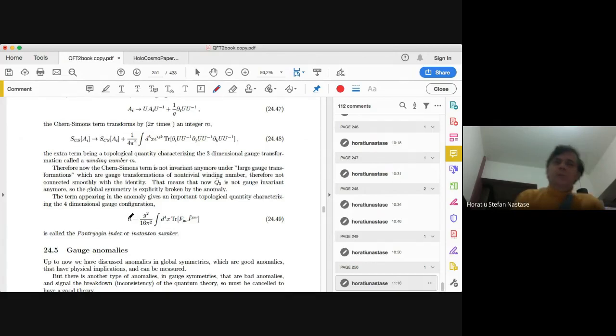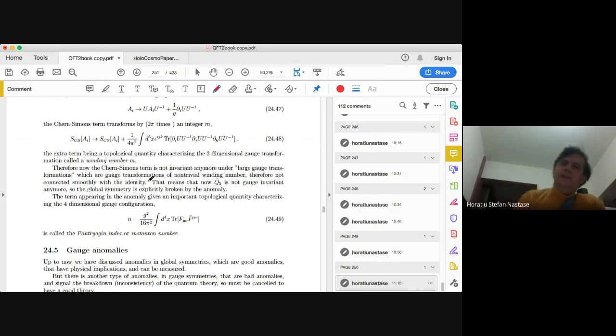So what that means is now the Chern-Simons term is not invariant anymore under these so-called large gauge transformations, which have non-trivial winding number different than 0.